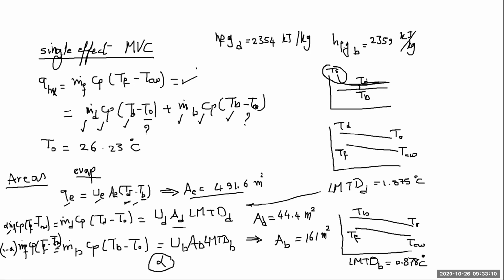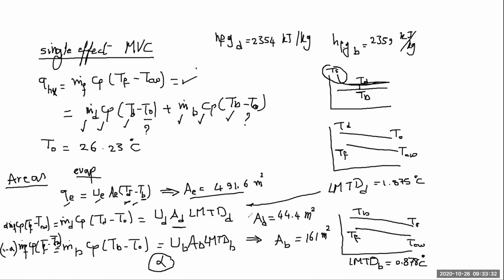Then calculate the value of alpha, you'll find it's not 0.5, it's not half. So not half of the seawater is going to get to this heat exchanger and the rest will go to that heat exchanger, but it will be different. The high flow rate of the brine will make the temperature difference here smaller.